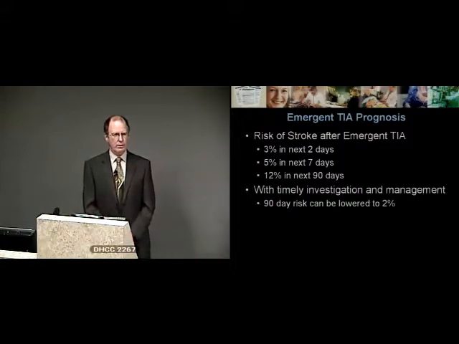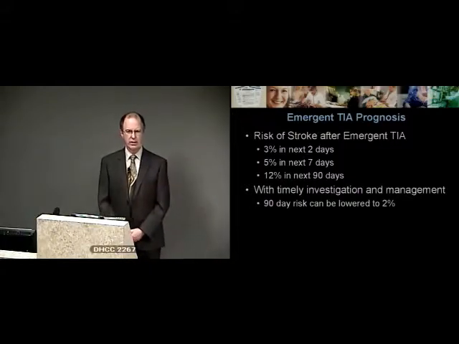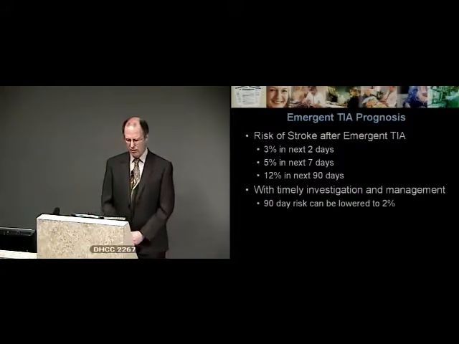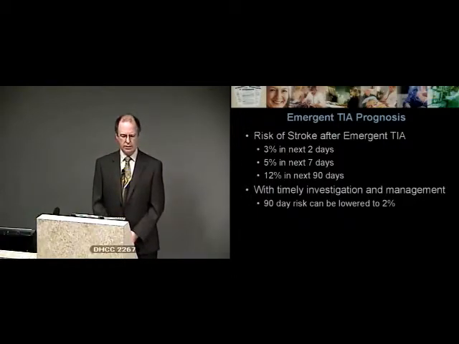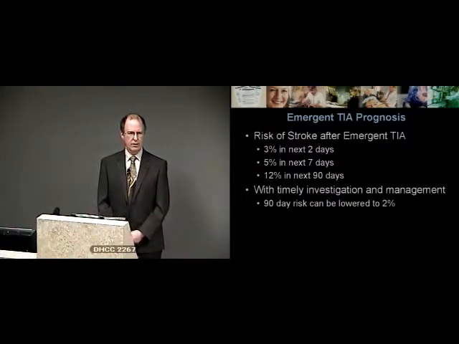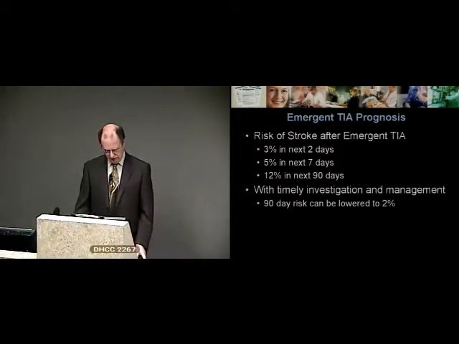The key point being the last sentence on this slide. With the EXPRESS trial, we know that with timely investigation and management, that 90-day risk can be lowered to 2%. That is an incredible reduction, and that is what really calls for the urgent care of all TIAs.